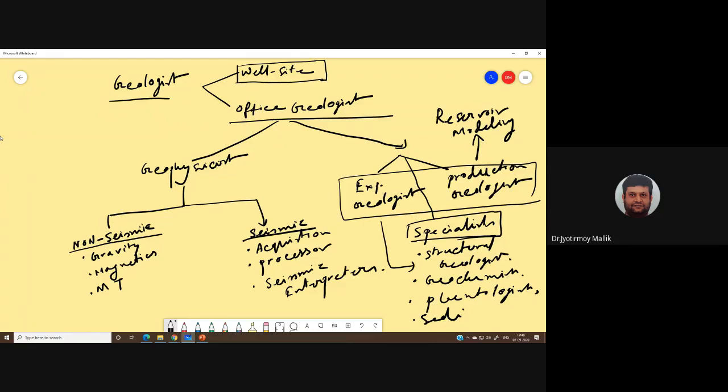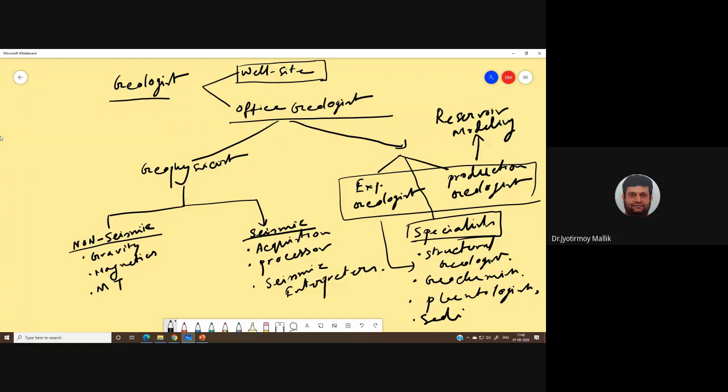And then, of course, there is a big bunch of geophysics. Some of them practice non-seismic techniques: gravity, magnetics, magnetotellurics. And the larger chunk of people practice seismic-related techniques. Some people are involved in seismic acquisition, some in seismic processing, and some in seismic interpretation. And then, as petrophysicists also, you will have some role to play as a geologist.